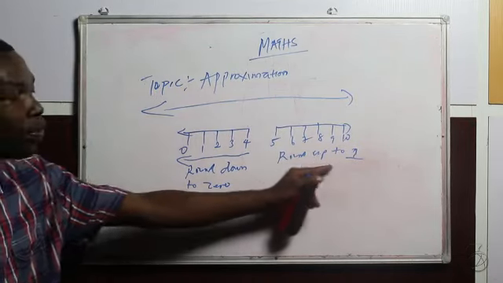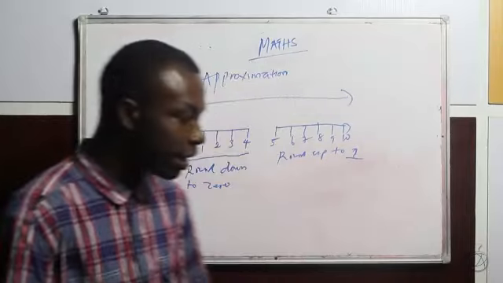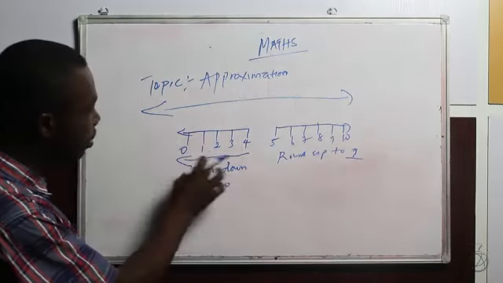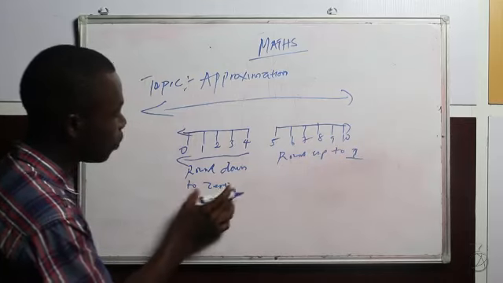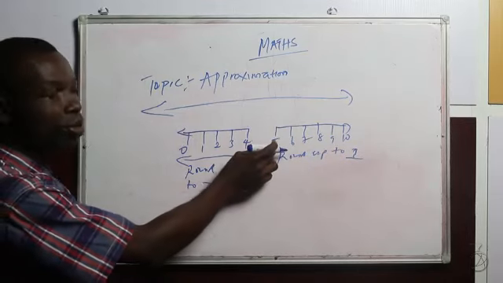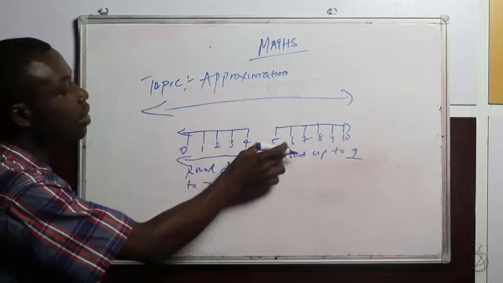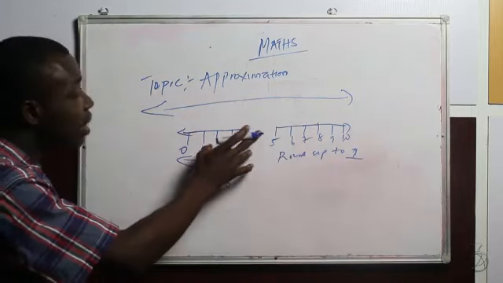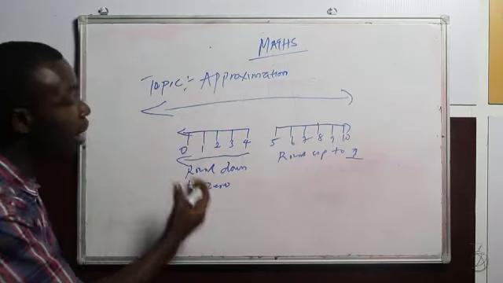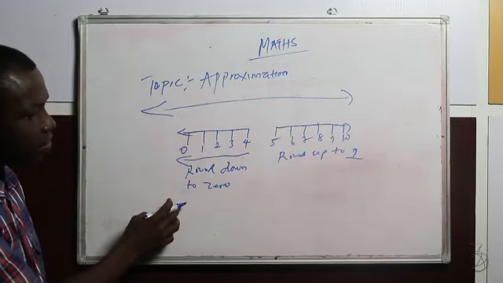Why do we round up to 1? From the number line I drew, this is round down to 0 because it's not up to 5. When it is up to 5, we round up to 1. When it is up to 4, we round down to 0.